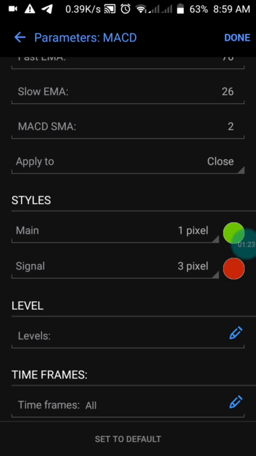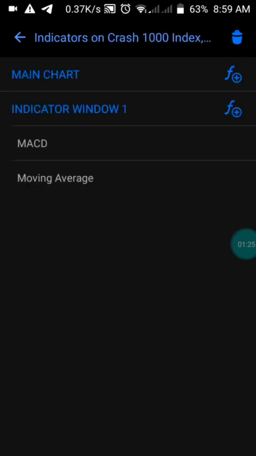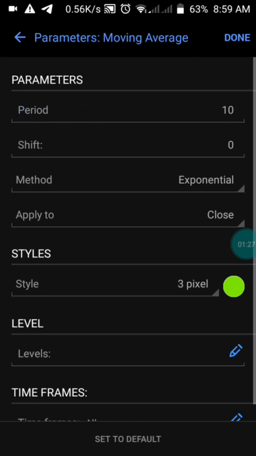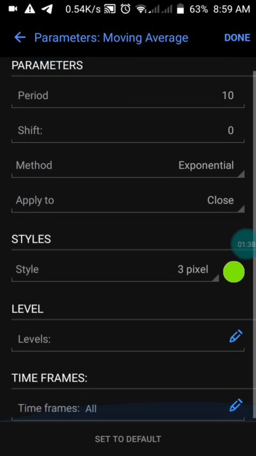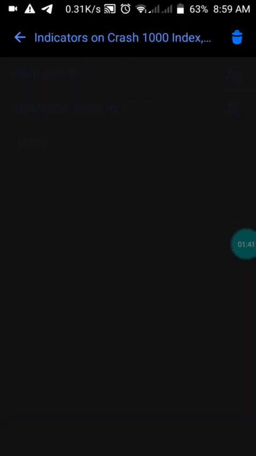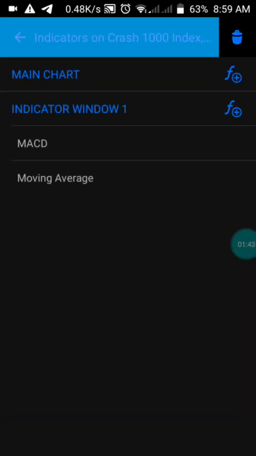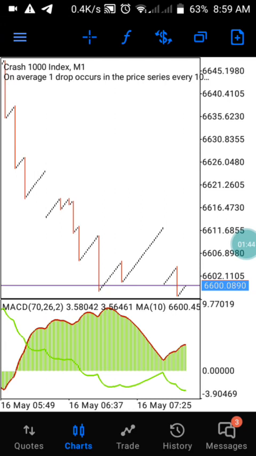That's exactly all you need. Then we have the second indicator, a moving average of period 10, with a shift of 0, the method exponential, apply to close, and green as the color. We don't have any levels here, and that is done. With these two indicators, you can trade successfully.